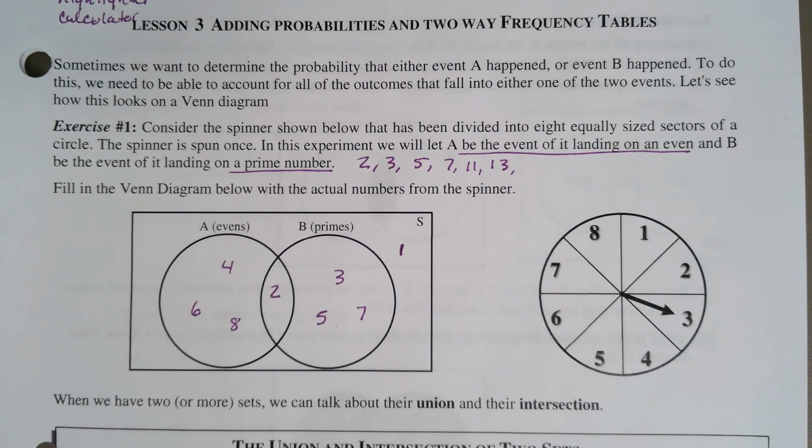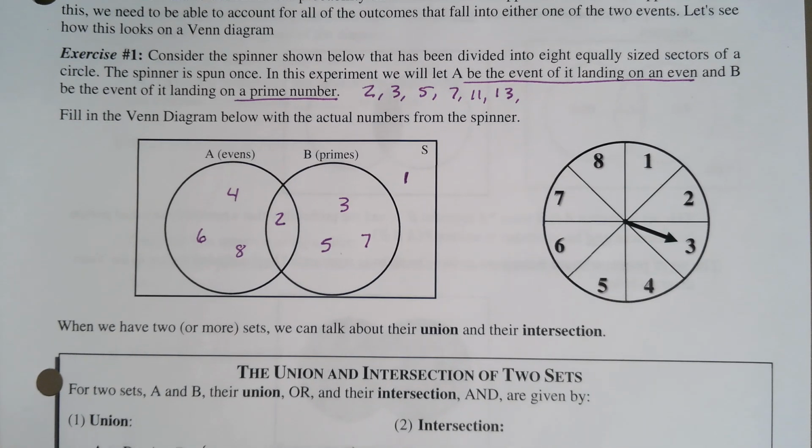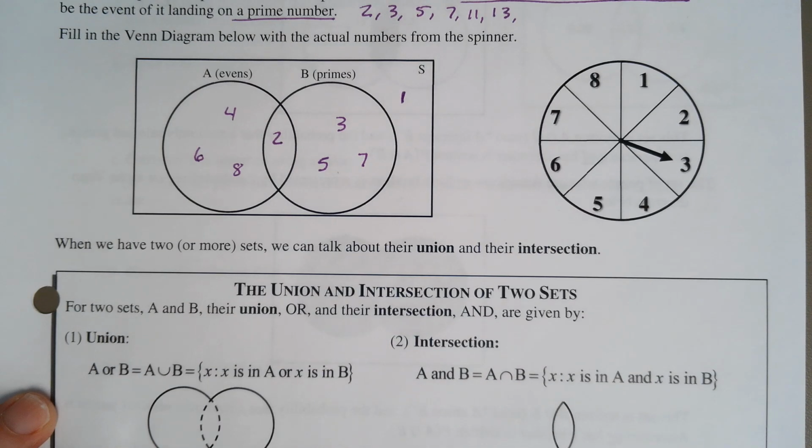When we have 2 or more sets, we talk about their union and their intersection. The union and intersection of 2 sets.